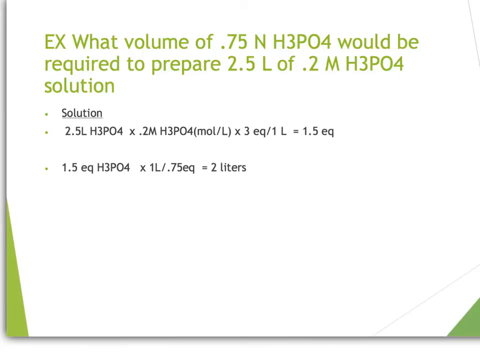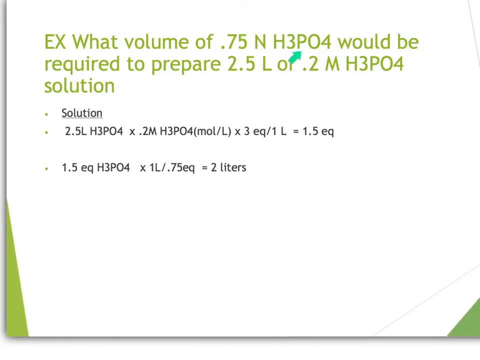We will first convert and calculate our equivalents. We take our 2.5 liters of phosphoric acid from our problem, we multiply it times our 0.2 molarity. We do this because molarity is the same as moles per liter. This allows liters to cancel out, and we are now in units of moles.